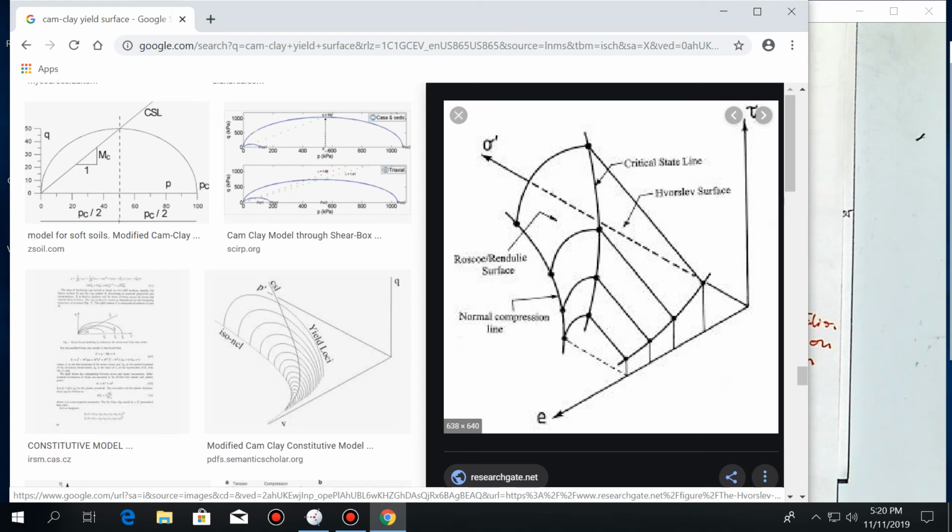And here we have the elliptical part. And some models assume that from here to there, and here we have also a tension cutoff, it goes straight. But previously we assumed that it was elliptical, but that depends on the model that you apply. Some of those go just straight, some others go a little bit curved. But it's a surface in 3 dimensions.